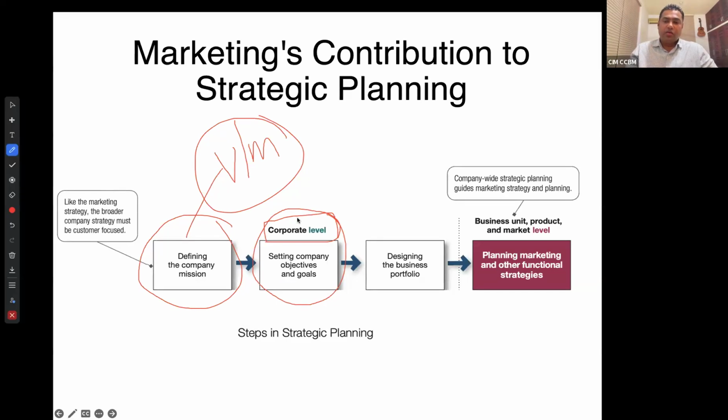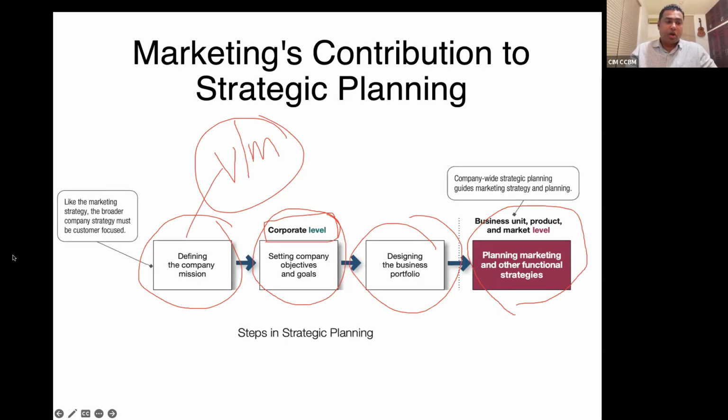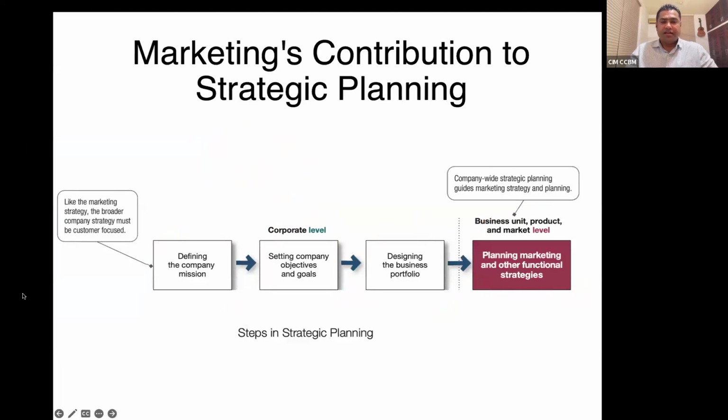And then we come down to designing the products and services that we want to offer. After we do that, you'll see the marketing plan and the other functional unit plans, finance, HR, IT, operations, that will need to be developed, right? So this is a graphical illustration of marketing's contribution to strategic planning.